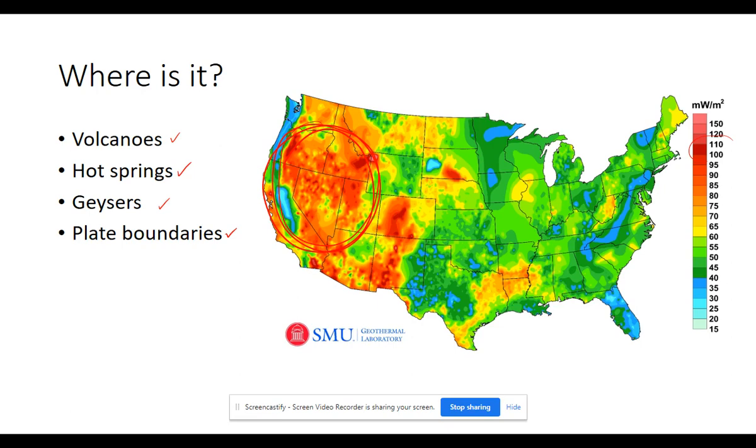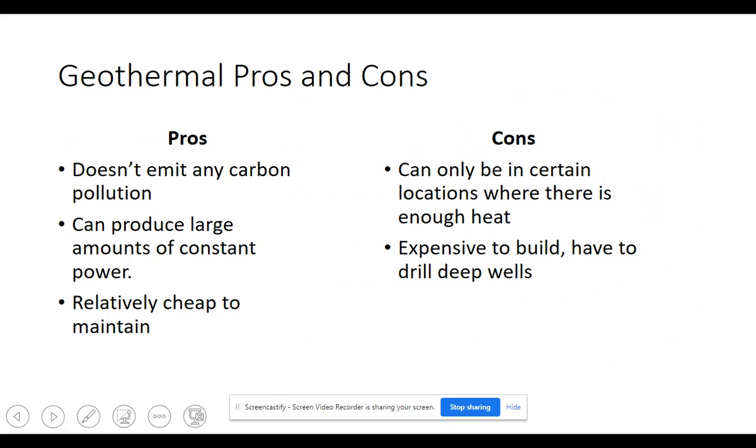Versus most of this side of the United States, you can't, because you could drill down, but there just isn't enough heat. So geothermal would not be an option for that area simply because there just isn't enough heat down there. So we couldn't do that.